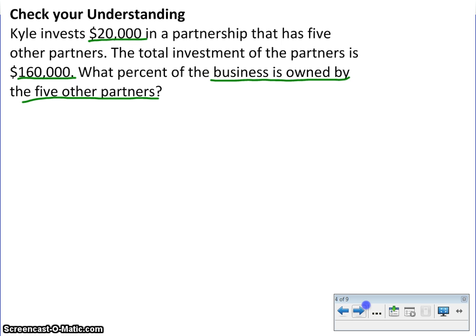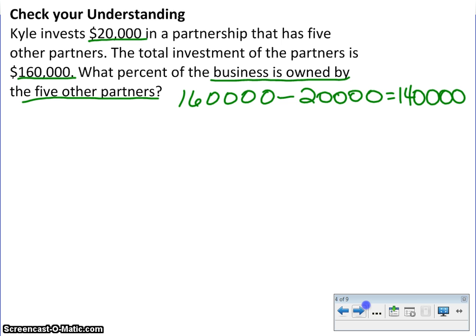So what we need to do is take the whole investment, and we're going to take out or subtract Kyle's portion. And when we do that, we end up with $140,000 is the investment of all the other 5 partners.